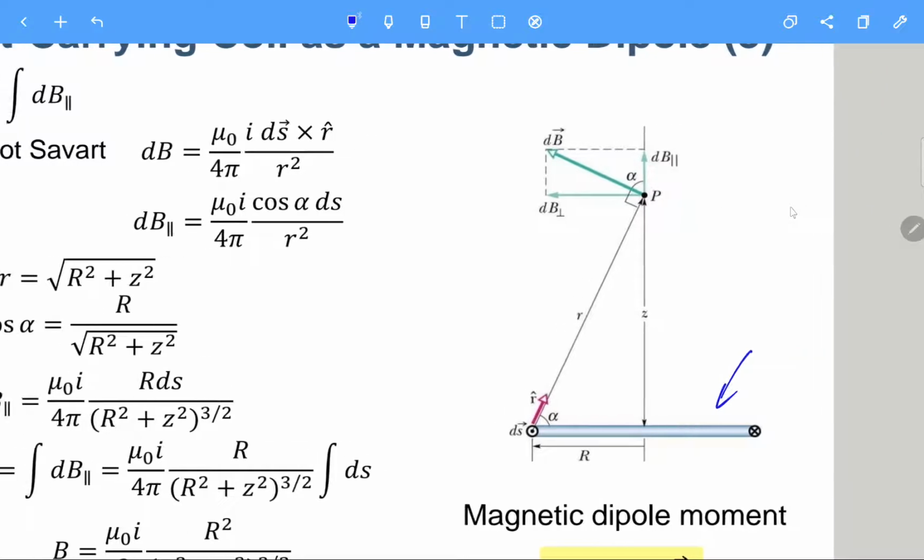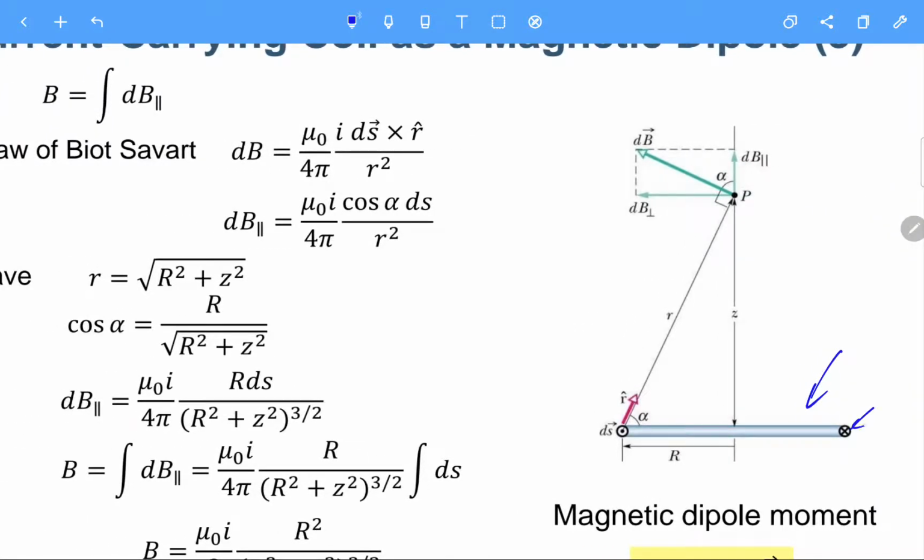And actually, you can imagine that for this one is a ds prime, ds prime is into the page, and for this point, the r hat is pointing this way.